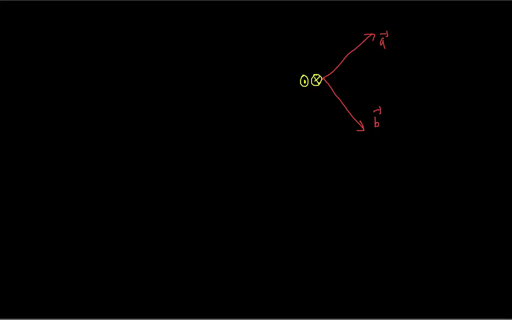So how do we know which direction the cross product is pointing in? We can use something called the right-hand rule. Basically, you stick your thumb up, like in the picture, and you try to curl your fingers from a, the first vector, to the second vector.